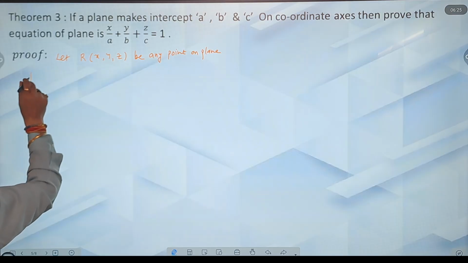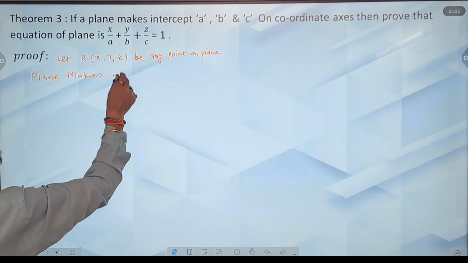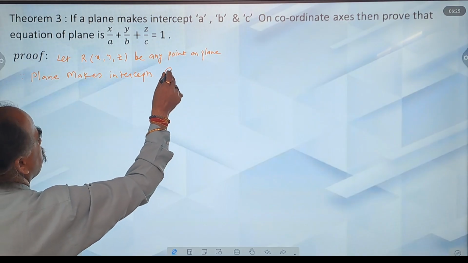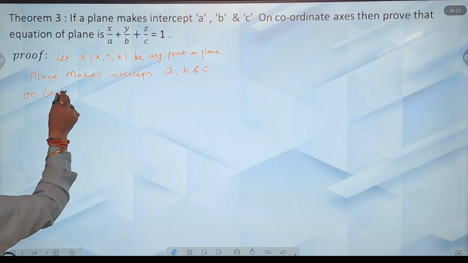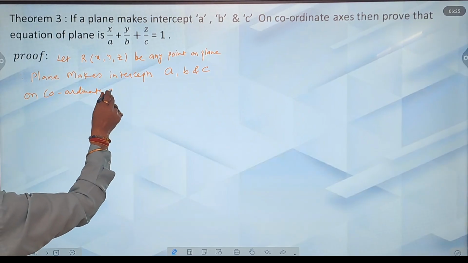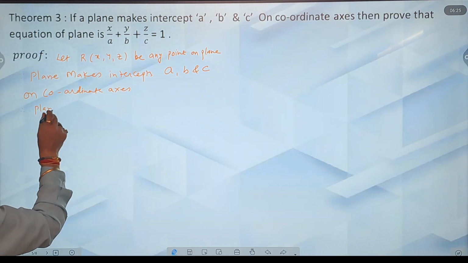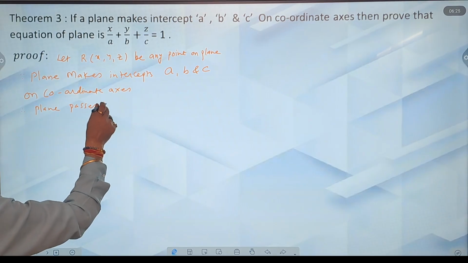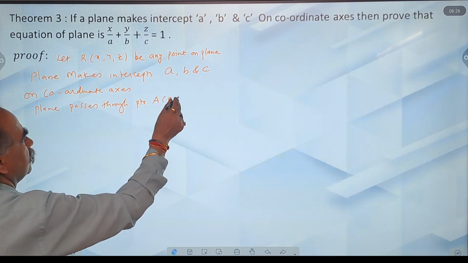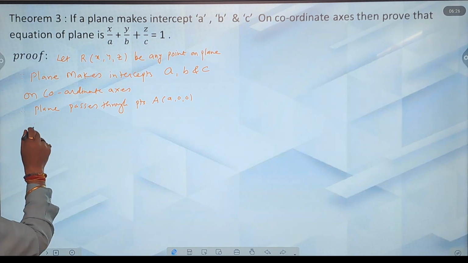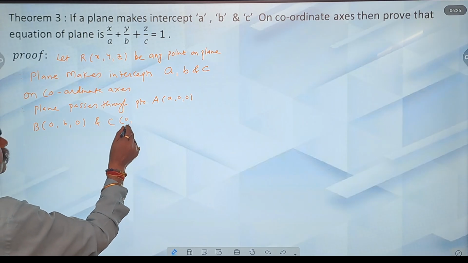Since the plane makes intercepts a, b and c on the coordinate axes, therefore the plane passes through points A(a,0,0), B(0,b,0) and C(0,0,c).